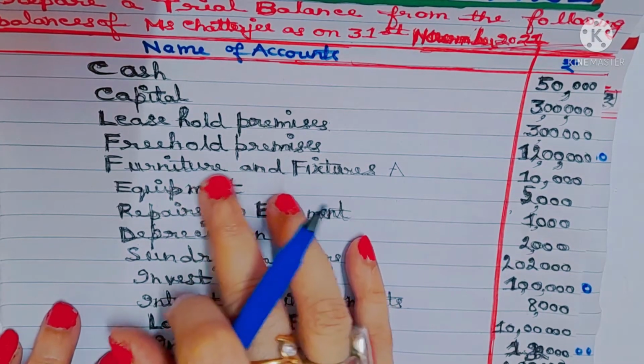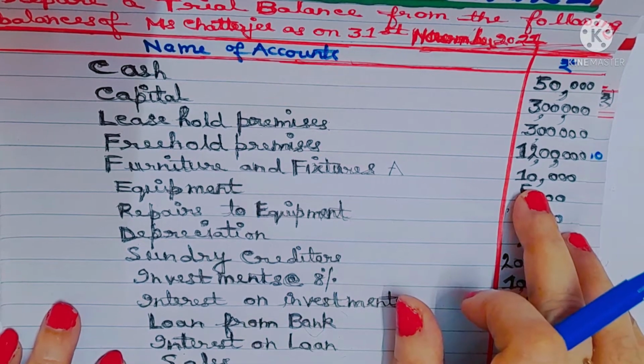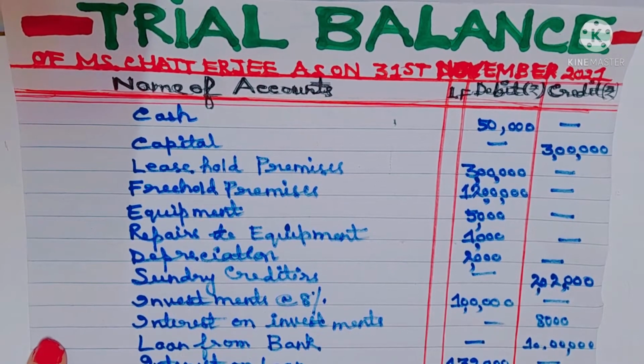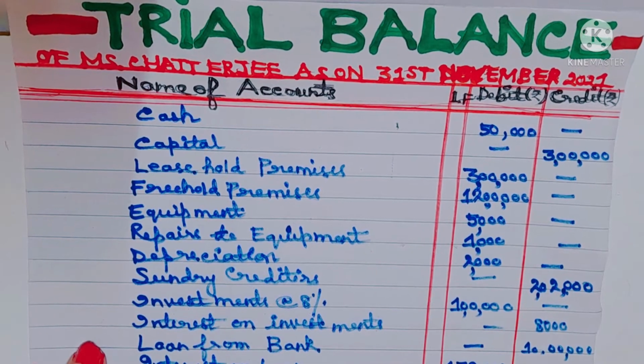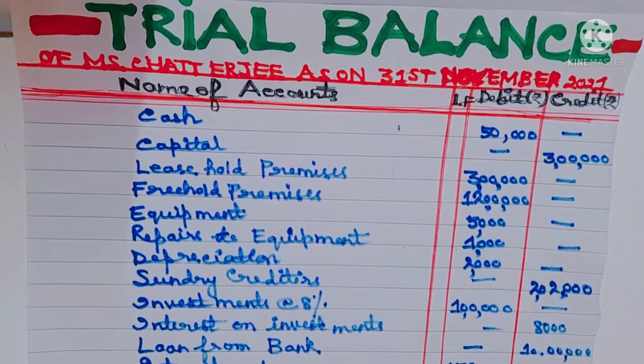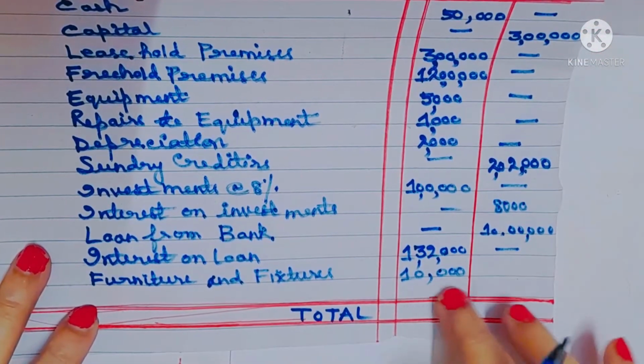Okay, we have missed out one account. Furniture and fixtures, 10,000. Let's write. Furniture and fixtures, 10,000. Furniture and fixtures is a debit balance. That is the reason we are writing 10,000 in the debit column.